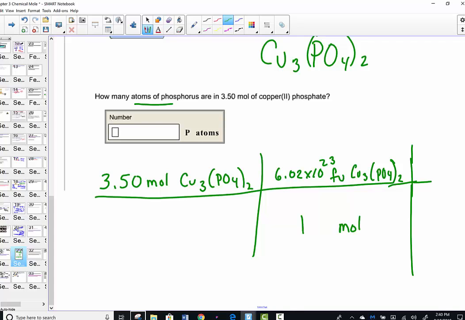Cu3, PO4 taken twice. I accidentally carried a 3. There are 2 phosphorus atoms per formula unit. So again, just to practice with what I call a vocab mismatch to let you kind of trigger, oh, this will need a next step before I'm done. 3.5 times Avogadro times 2 solves for the problem.